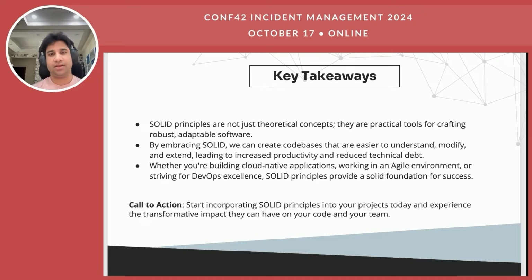In conclusion, the key takeaways for us are that SOLID principles are not just theoretical concepts, but practical tools in ensuring our software is easily extensible, adaptable, and continues to stay robust. By using SOLID in our day-to-day software development, we can create code bases, which are doubling, I believe, every year, less than 1.5 years, that are easy to understand, modify, and extend by our fellow software engineers and ourselves in the future.